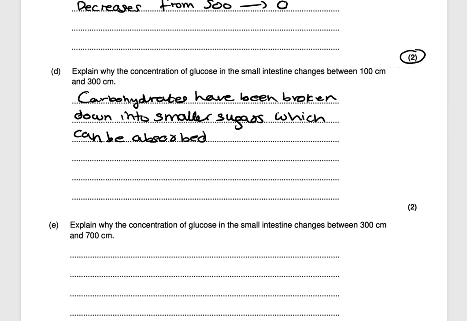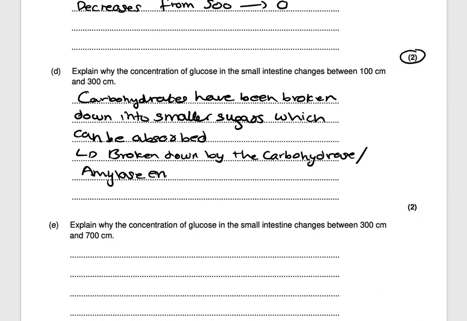And how have they been broken down? They have been broken down by the carbohydrase or amylase enzyme. Okay, so they have been broken down by the carbohydrase or amylase enzyme. Okay, and that would get you 2 marks.